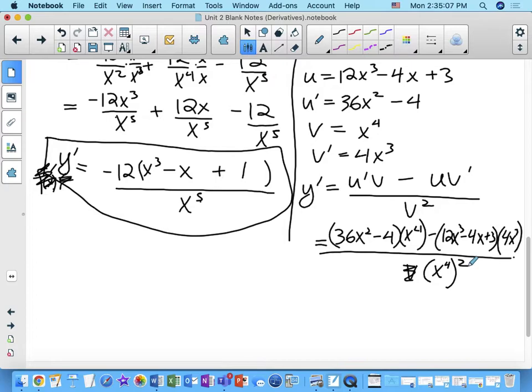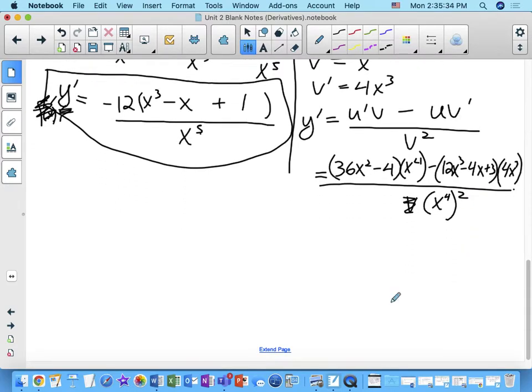For example, when either the numerator or denominator is not a polynomial function or something that can be written as x to an exponent, then we can't use the power rule, so we don't have another option. But let's do some algebra here.